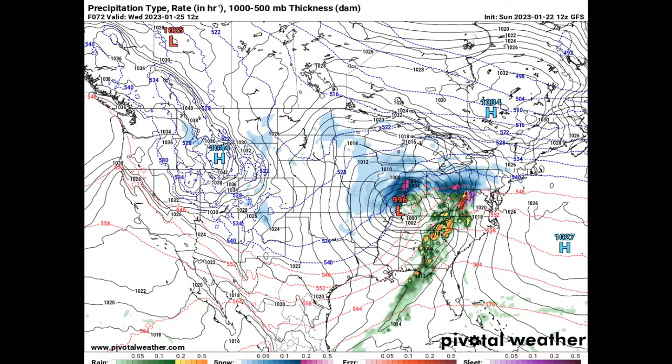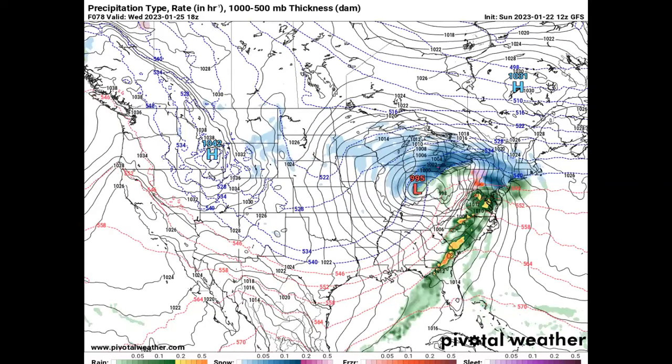And what they're showing is that by Wednesday afternoon, we could see this low coming fairly far to the north. And this would bring pretty warm air into the Ohio Valley by Wednesday afternoon, which would mean any snow that fell overnight, Tuesday night into Wednesday morning, would most likely melt.